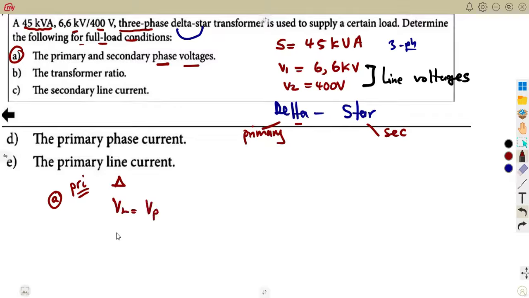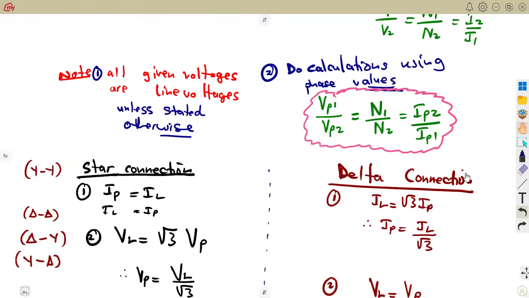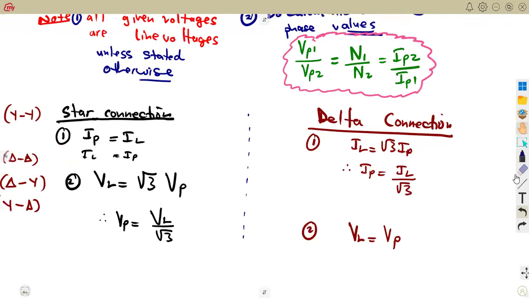So the phase voltage that we need on the primary side is simply equivalent to the line voltage that we are given on that same primary side. We're just going to take it as it is, 6.6 kilovolts. We are already given this. This is the consideration of a delta connection.